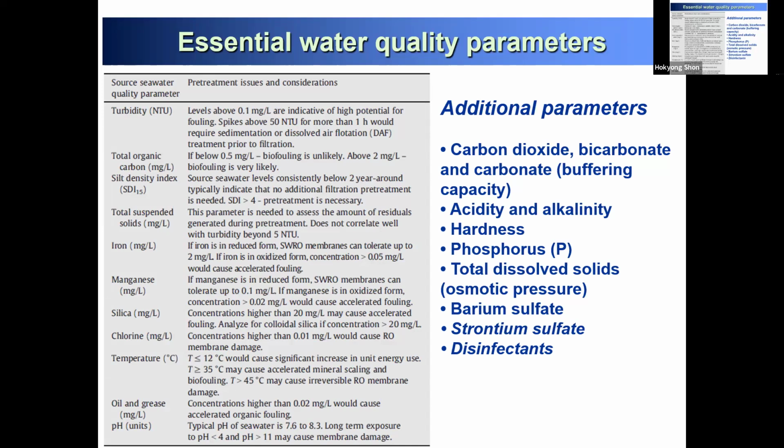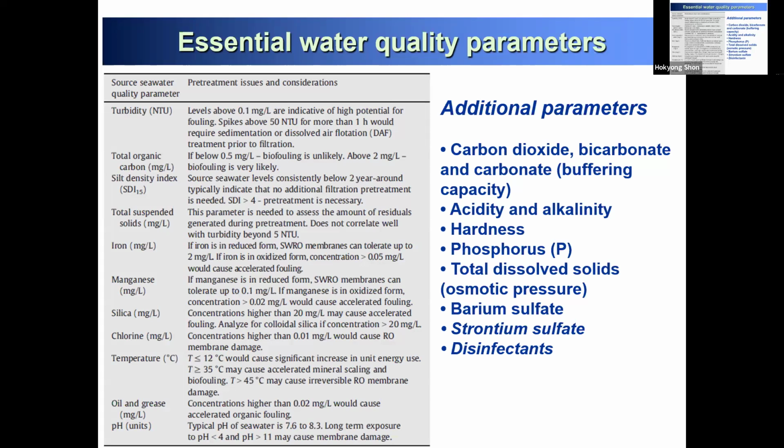So the pressure required is around 60 bar based on the osmotic pressure from the different salt concentration. We need to pressurize to 60 bar, 70 bar, depending on your recovery. You need to calculate and then design.